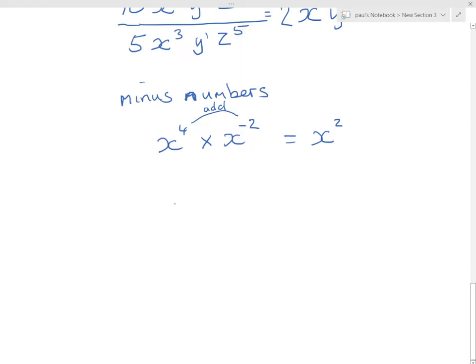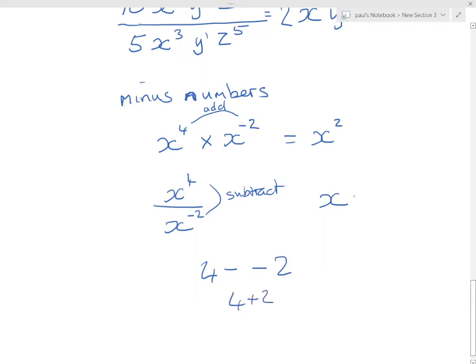Why does that make sense? But if you have x to the 4 divided by x to the minus 2, then we're going to subtract. And this will be 4 minus minus 2, which is the same as 4 plus 2, which equals x to the 6.